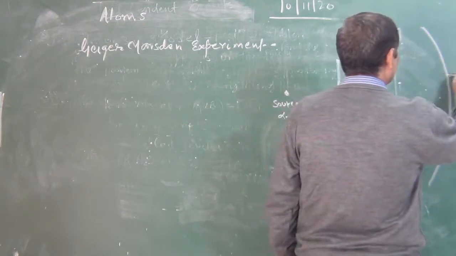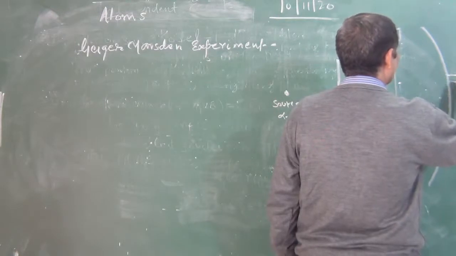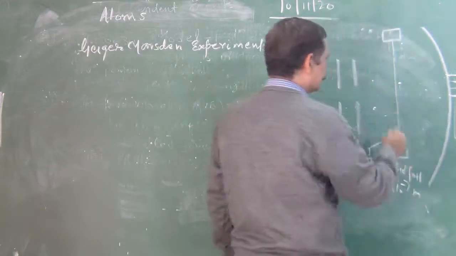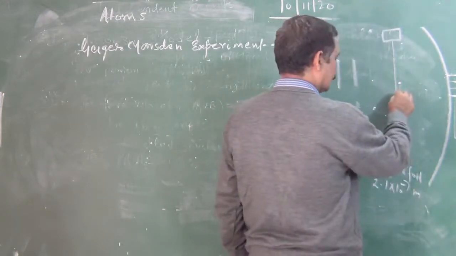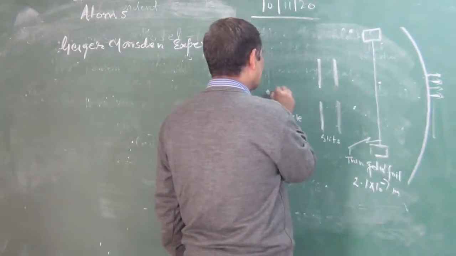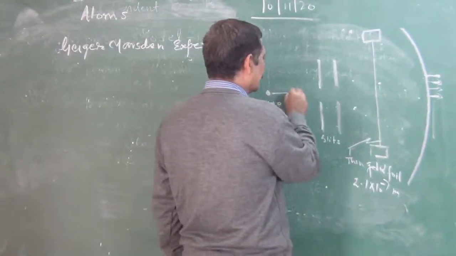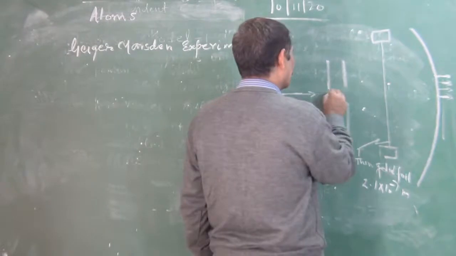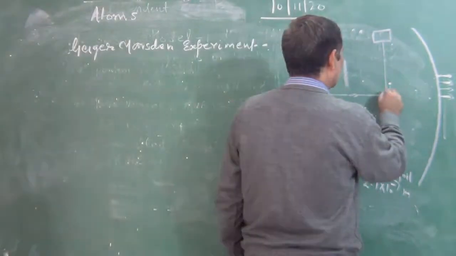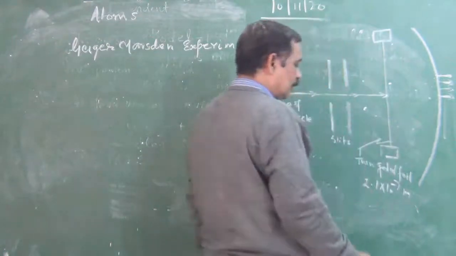So this is the alpha particle produced from this source, and it is incident on the thin gold foil.